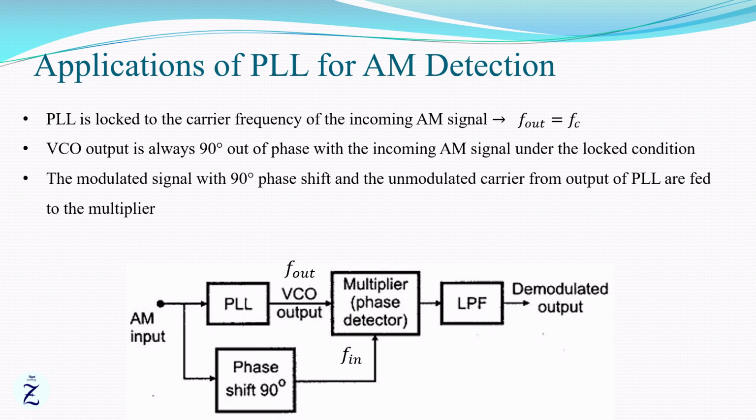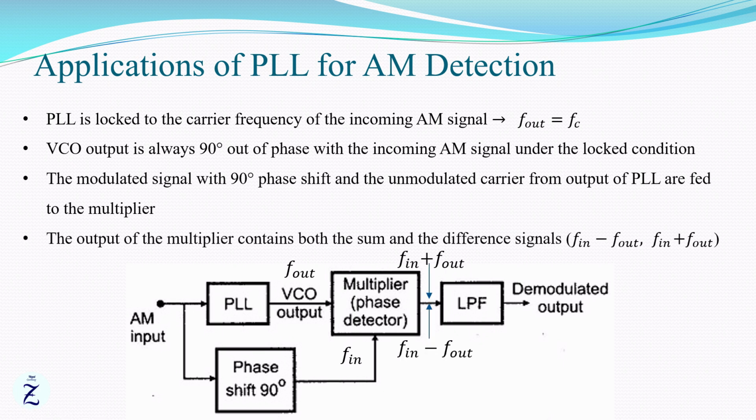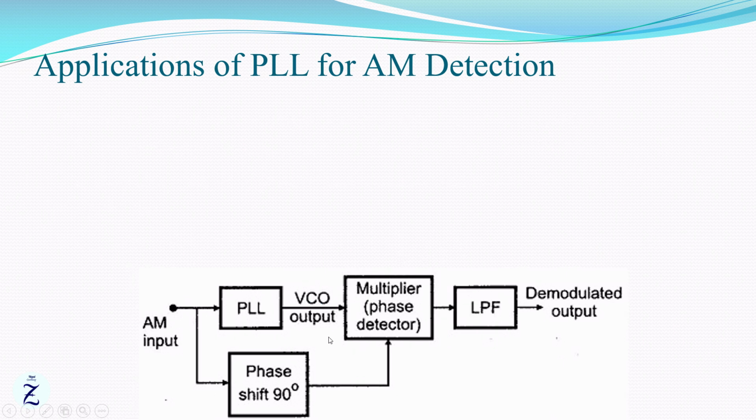This phase shifted signal and the carrier signal, which is locally generated using PLL, are fed to the multiplier or a phase detector. Output of the multiplier contains the signals having frequency f_in minus f_out and f_in plus f_out, where f_in is the incoming signal frequency and f_out is the PLL locked frequency.